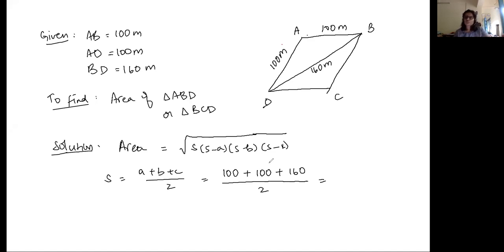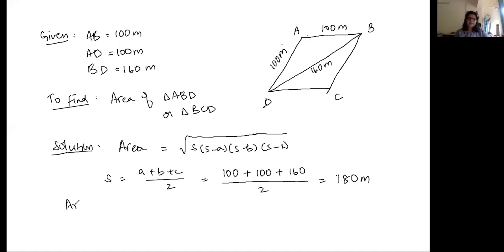No. So what is the semi-perimeter? 180. So this is 360 by 2, which is 180 meters.